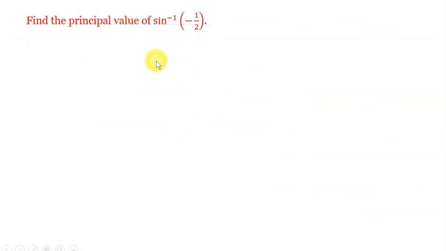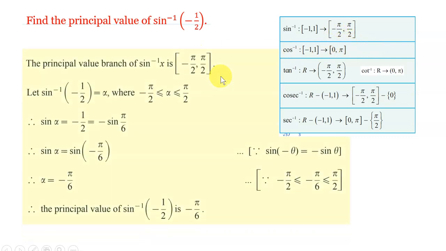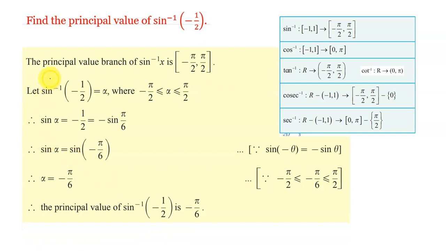Find the principal value of sine inverse of minus 1 upon 2. Again, you should know this chart. The principal values of sine inverse lie between minus pi by 2 and plus pi by 2, and therefore the principal value branch of sine inverse of x is minus pi by 2 to plus pi by 2. Let sine inverse of minus 1 upon 2 be equal to alpha, where alpha lies between minus pi by 2 and plus pi by 2.